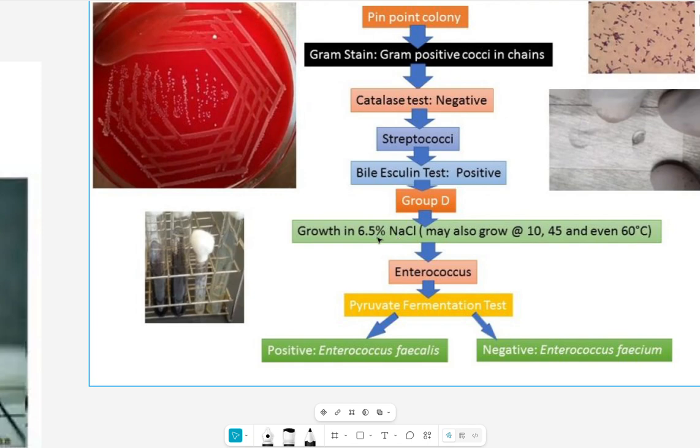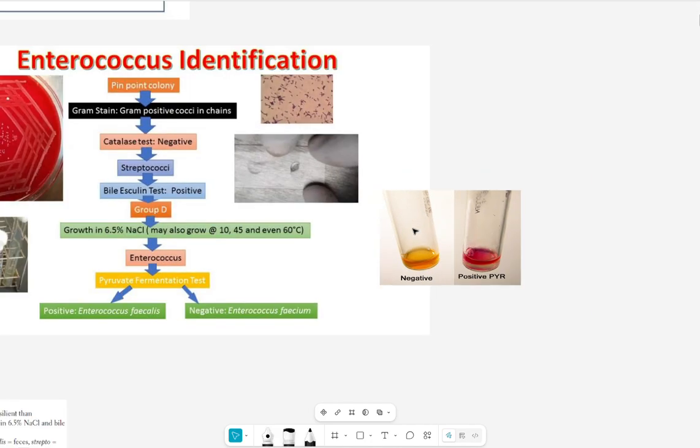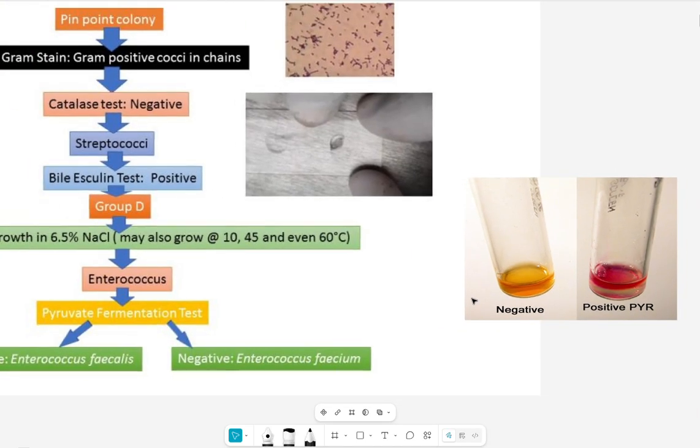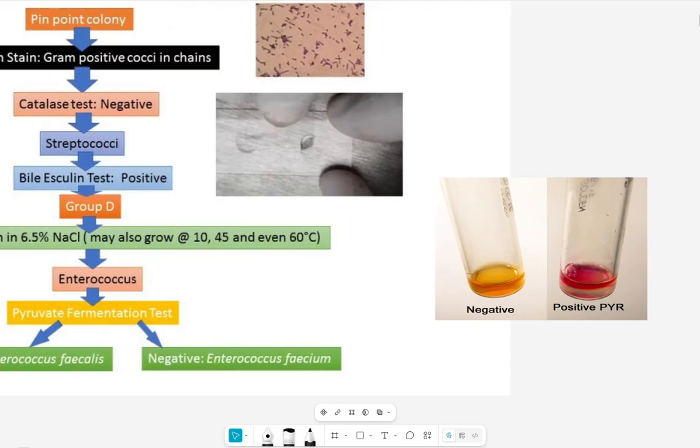Now, further on, we do a pyruvate fermentation test. The pyruvate fermentation test helps us determine whether something is Enterococcus faecalis or Enterococcus faecium, right? That's why we do the PYR test. Again, I'm revising this again. The PYR was, you don't need to know this, but it's pyrrolidonyl arylamidase test.